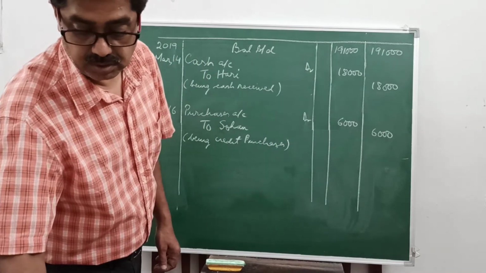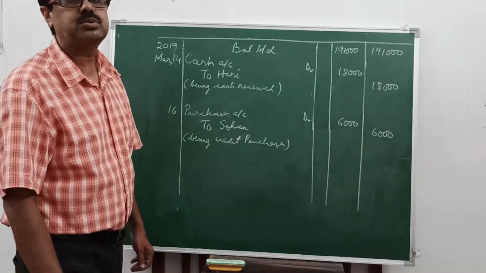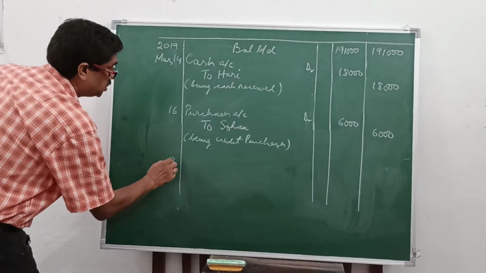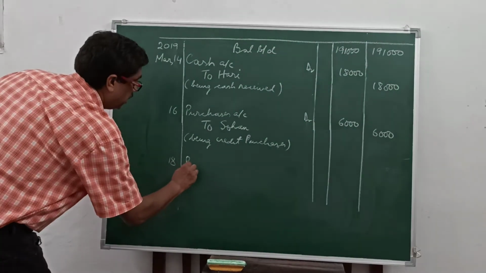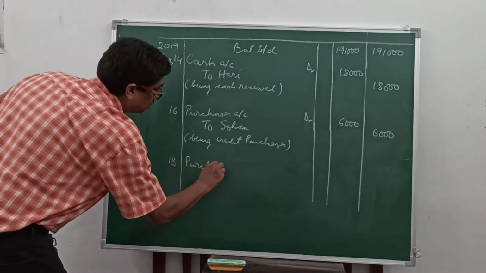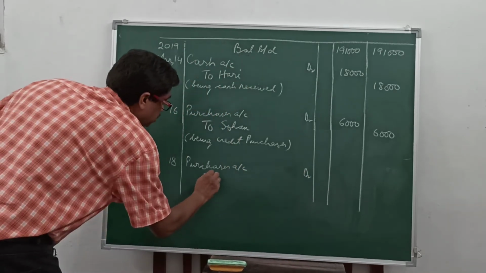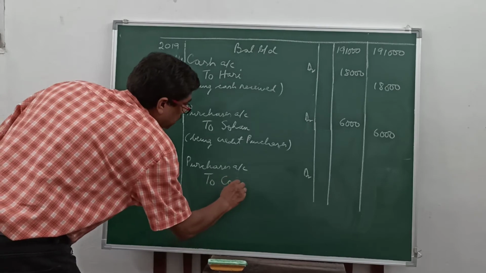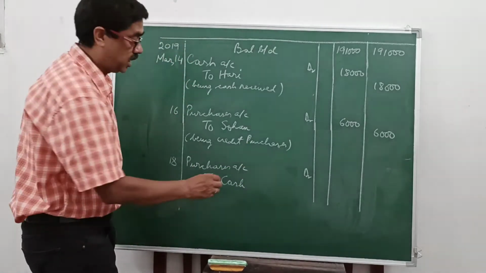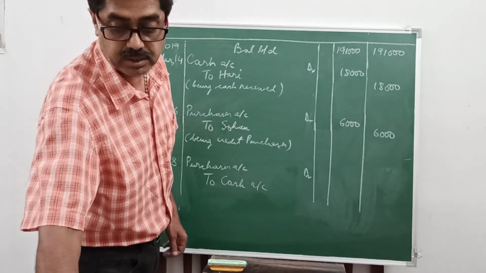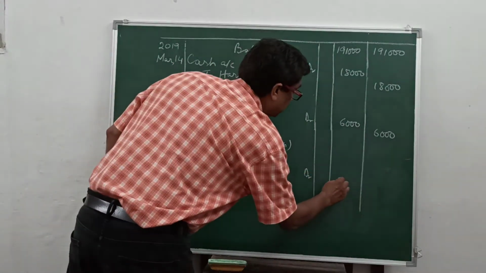Next transaction, it says on 18, purchase goods from Sohan for cash. Leave a line. Now since it is a cash transaction, debit all expenses and losses, purchases account will be debited. Not to Sohan, but to cash account, because it is mentioned there for cash. So you have to ignore the personal account of Sohan and write cash account, amount being 8,000.